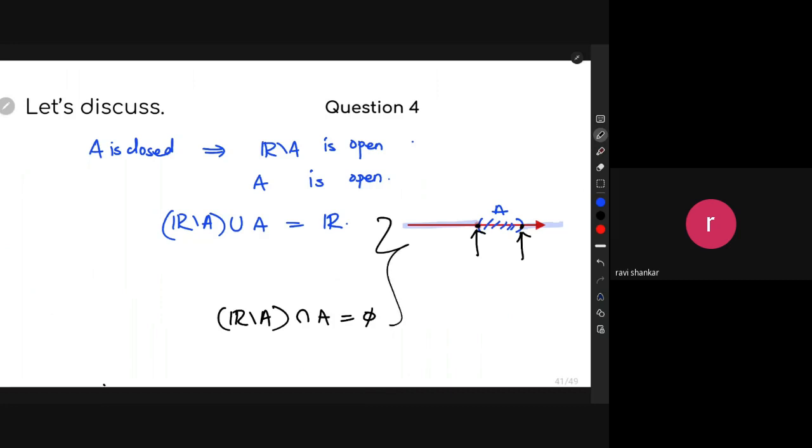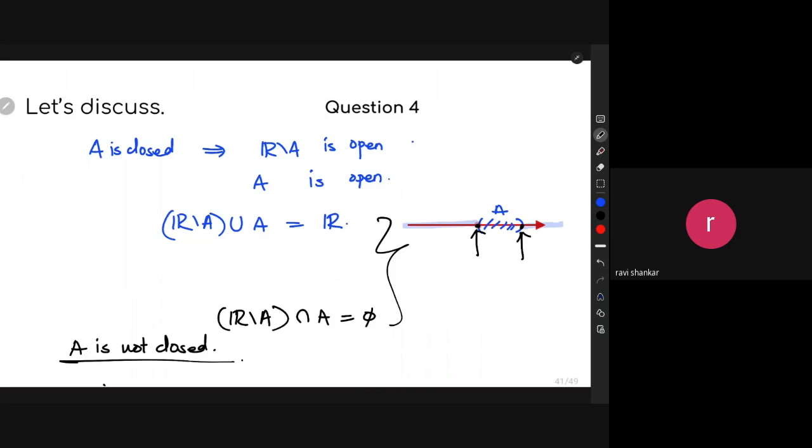then it says that A is not closed. Why is that so? Because there will be some points which will be left out, because R minus A is also open.